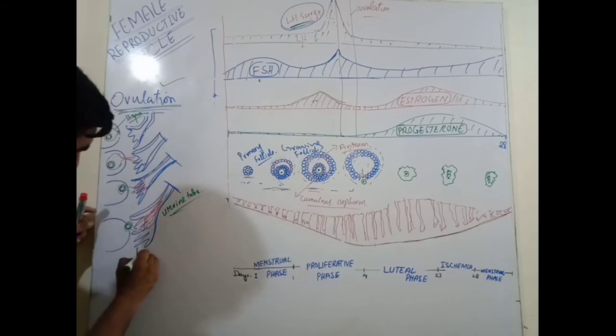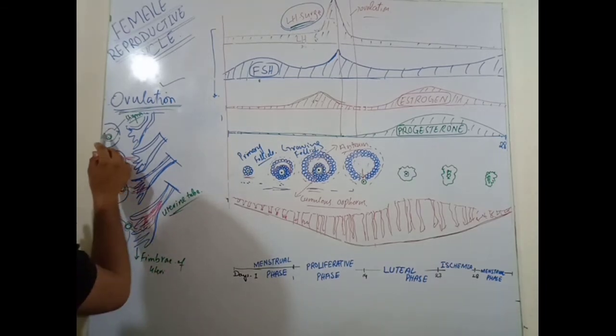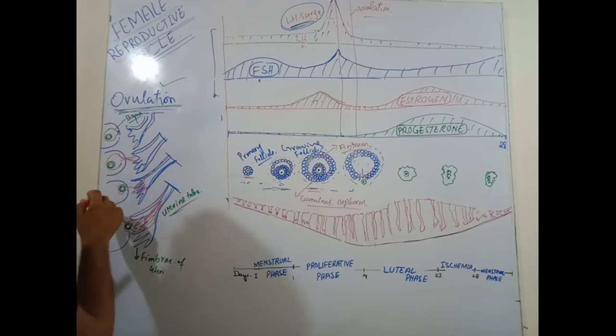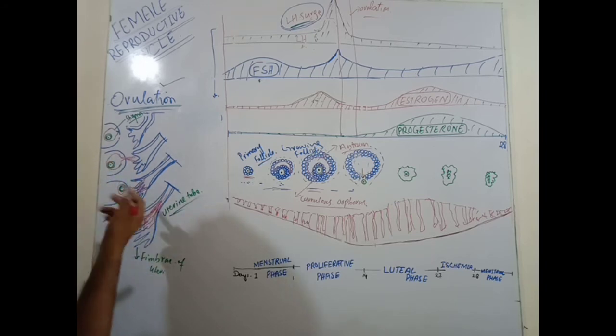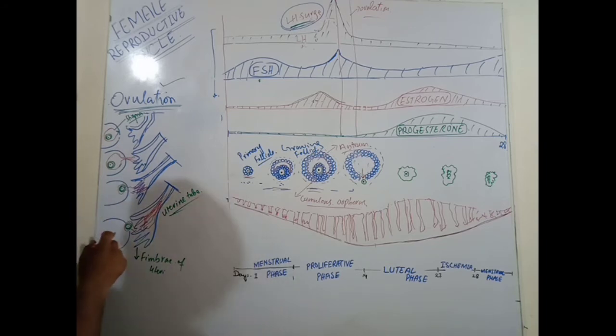These are the fimbriae of the uterine tube. These fimbriae are floating over the ovary, so the stigma formation occurred, the vesicular movement of the secondary oocyte occurs, and the secondary oocyte finally moves into the uterine tube.